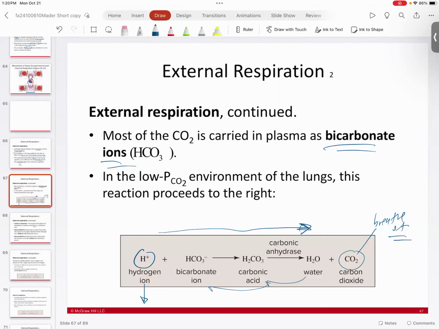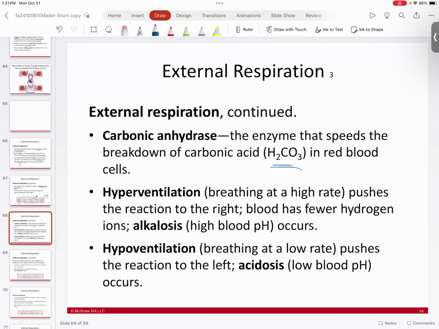You're going to lose your hydrogen ion because you're breathing it out in the form of carbon dioxide. That means there's not going to be enough hydrogen ion around to make your blood buffer acidic. And as a result, it's going to get more and more alkaline because the molecule that creates acidity is disappearing because you're breathing it out. And so in this case, it'll result in what's called alkalosis, or an increase in your blood pH.